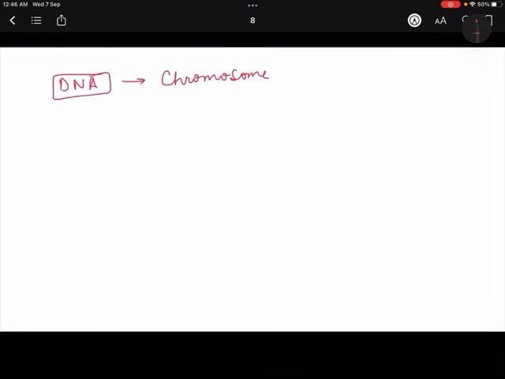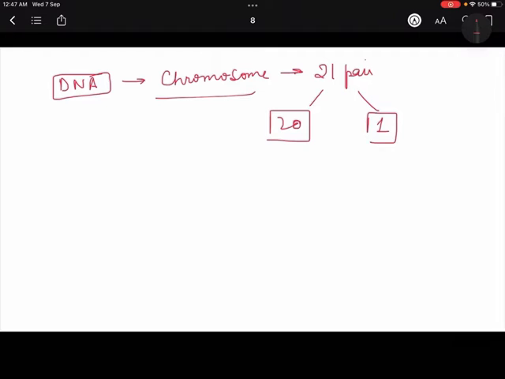Now we have 21 pairs of chromosomes, in which 20 pairs are autosomes and 1 pair is a sex chromosome. So total pairs are 21 and total chromosomes are 42, in which the sex chromosomes can be either XX or XY. So this you now understand.